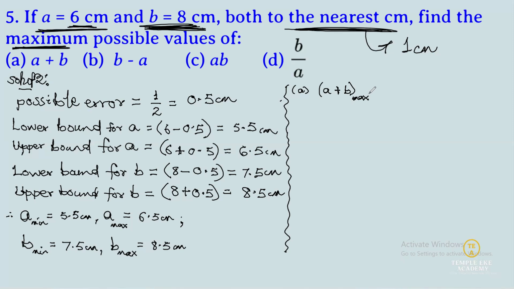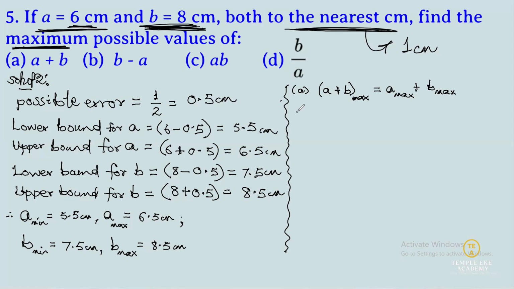The maximum possible value for A plus B will occur when we combine the maximums, because this is an addition. The biggest value of A has to add on to the biggest value of B to give us the maximum. So we're talking about A maximum plus B maximum. Beautiful. And we can choose them from our values here.